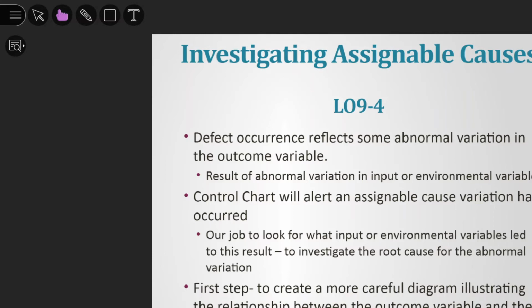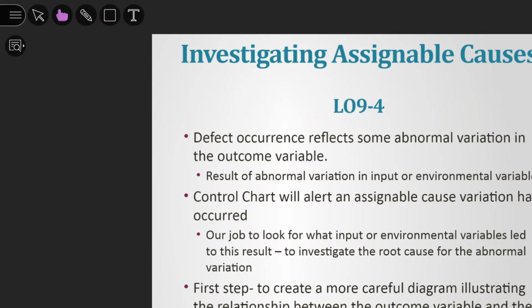So, how do you usually investigate the assignable cause? When you see this defect and when you collected this chart and you identified that all of a sudden one of your samples or a couple are getting above or below UCL and LCL, you start a real careful analysis.